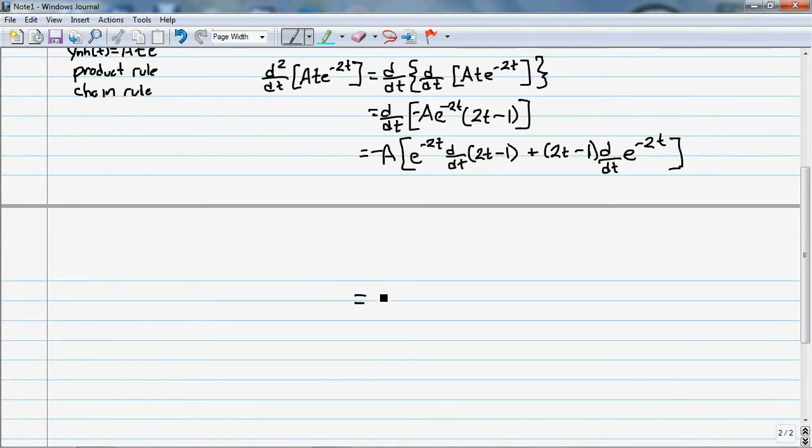And now simplify. Factor out the e to the negative 2t.